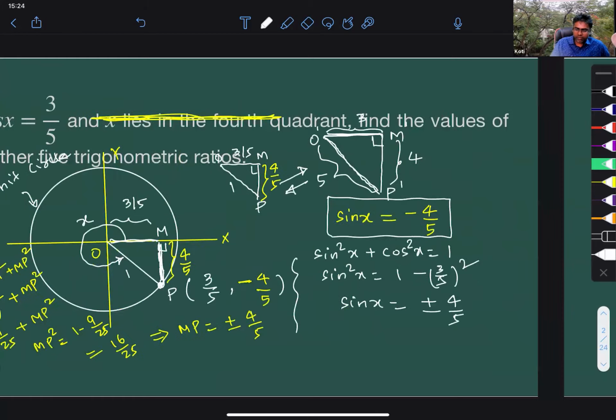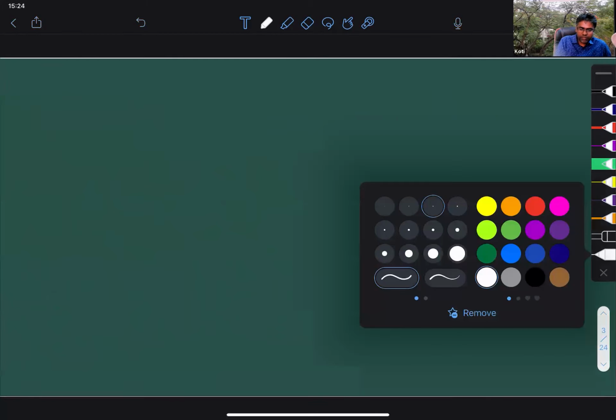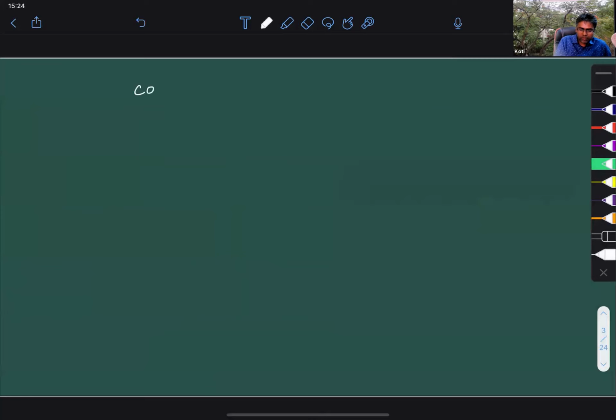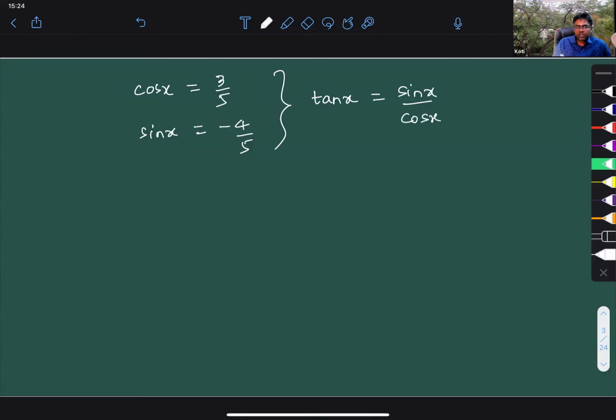So now I have cos x, which is 3 by 5. I have sin x, which is minus 4 by 5. Now, the easiest thing is to get tan x. So tan x is sin x by cos x. If you divide these two, you'll end up having minus 4 by 3.